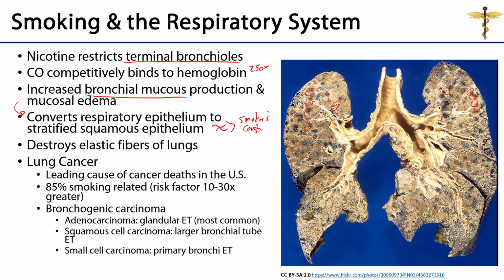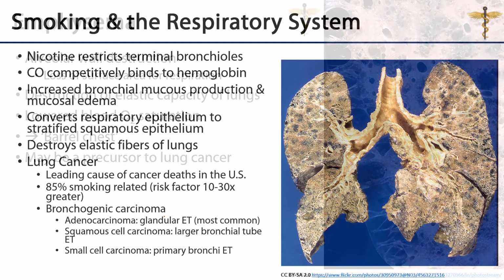This is the most common type of lung cancer, keeping in mind that carcinomas are malignancies of epithelial tissues, and carcinomas tend to spread lymphogenously. There's also squamous cell carcinoma. This is of the larger bronchial tube epithelial tissue, as well as small cell carcinoma that relates to the epithelial tissue of the primary bronchi.